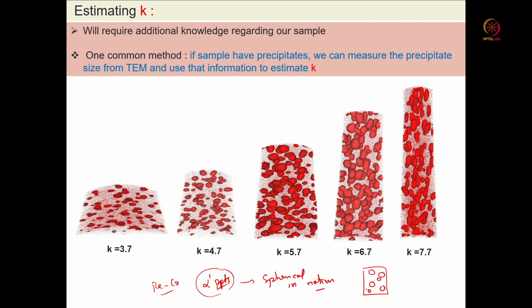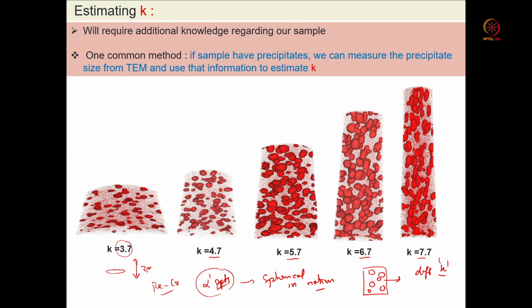Now if you do field evaporation of this alloy, you can get the reconstruction with different K values. Here you can see 3.7, 4.7, 5.7, 6.7 and 7.7, and at 3.7 these precipitates are compressed along the z-axis. That is different from the expected precipitate shape.